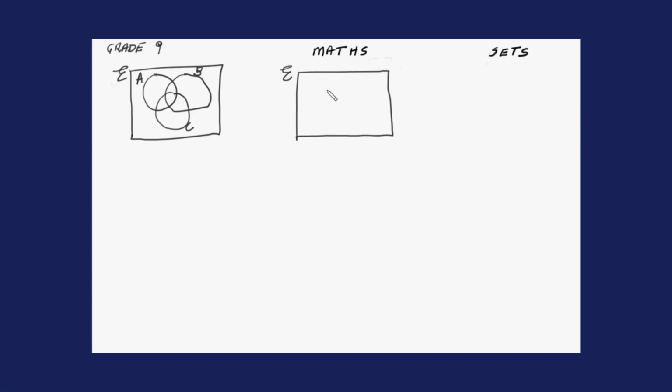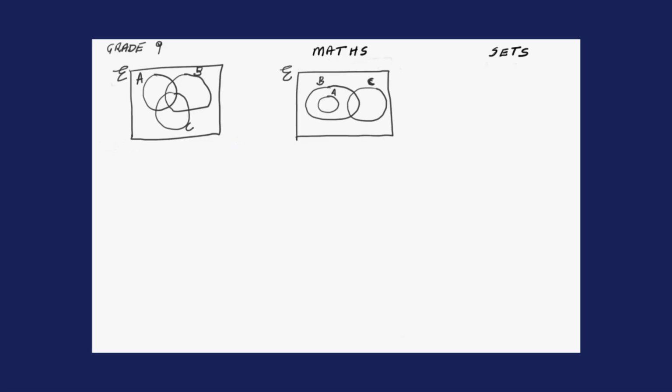Sometimes you might have a scenario like this, maybe set A, set B, set C. There are so many scenarios, guys. I'm just trying to show you that depending on the information given, you will have different presentations of the Venn diagram concerning three sets. So that's basically what we are going to be looking at today.